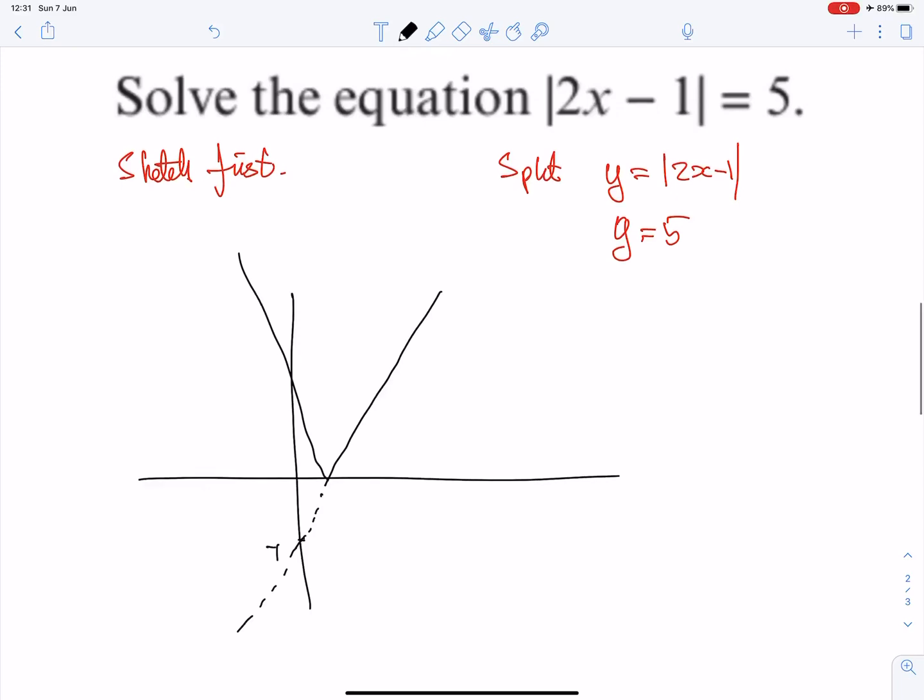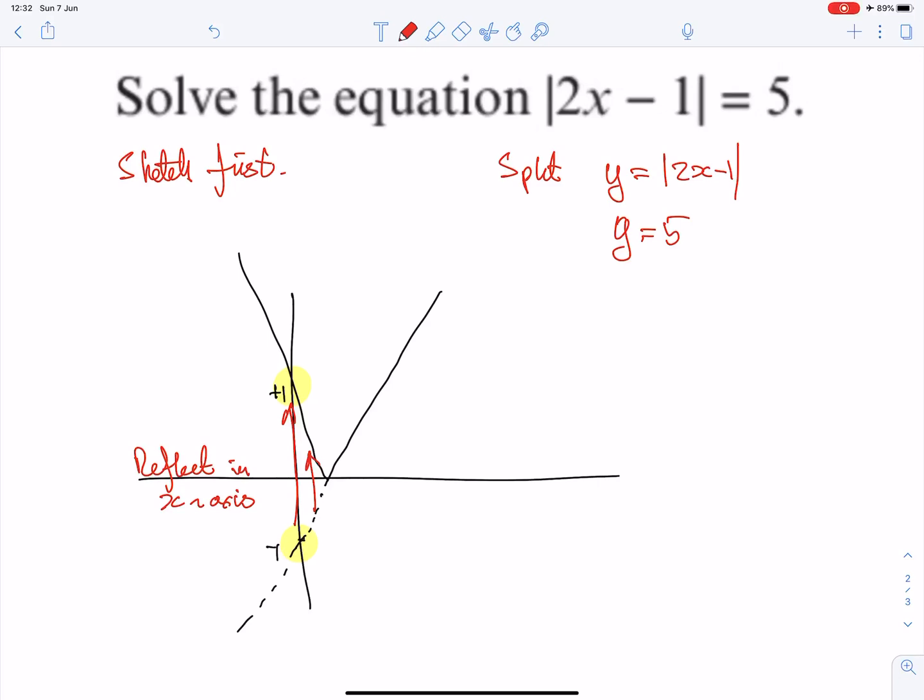So the minus 1 will move to become plus 1, and all the other points are doing the same thing. They're being reflected in the x-axis, all the negative values.